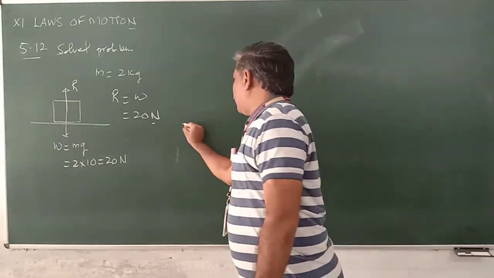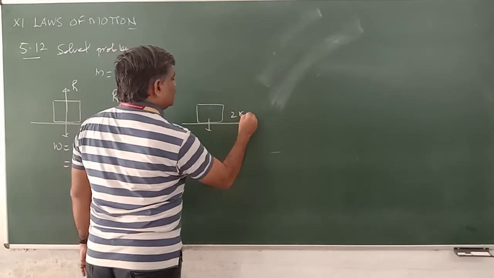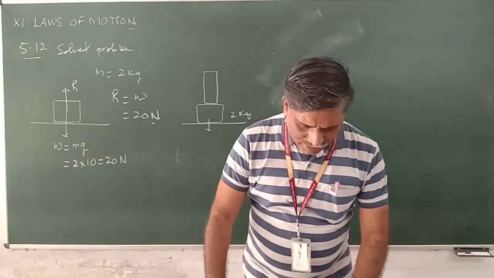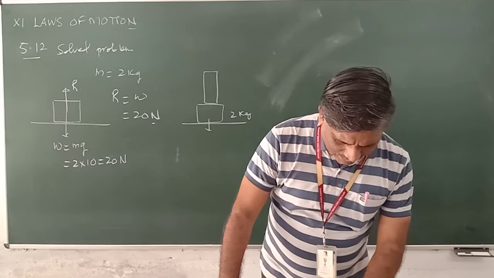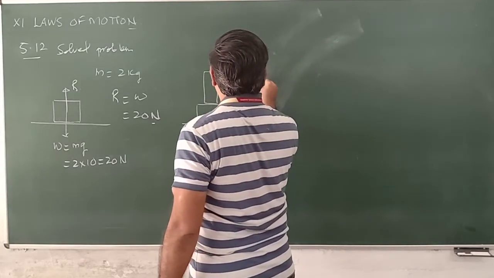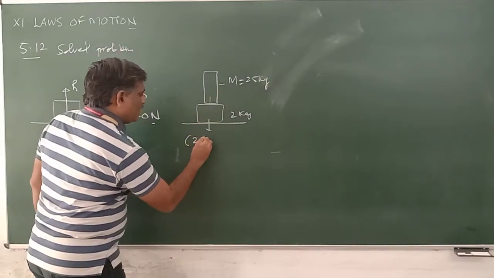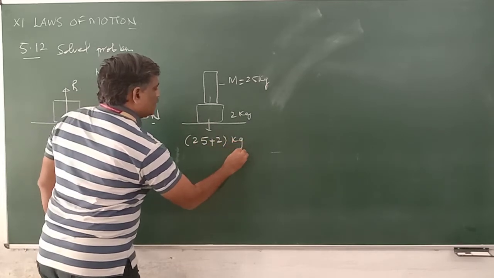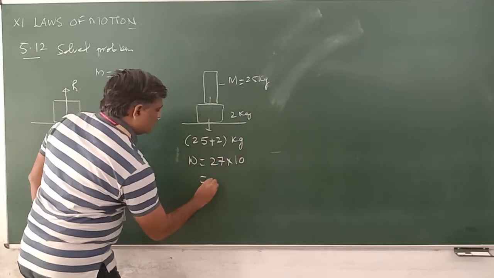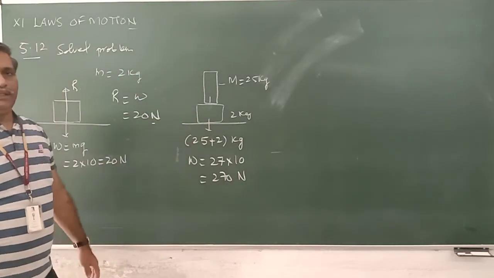Now the second situation. There is a block of 2 kg, and on top of that the cylinder is kept, with mass 25 kg. Together it is 25 plus 2 kg. Therefore W is equal to 27 into 10, which is 270 Newton, in the downward direction.